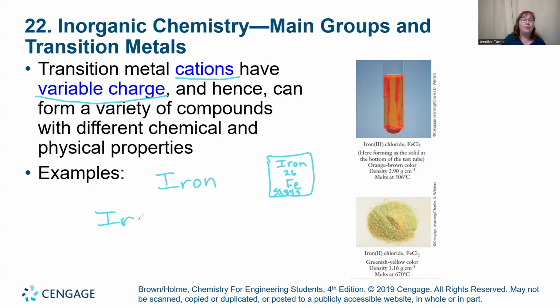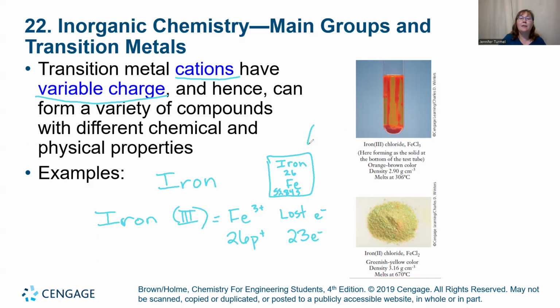It can form iron 3, and iron 3 is Fe3+, which means it has lost 3 electrons. Okay. And that means that it has 26 protons and it has 23 electrons.